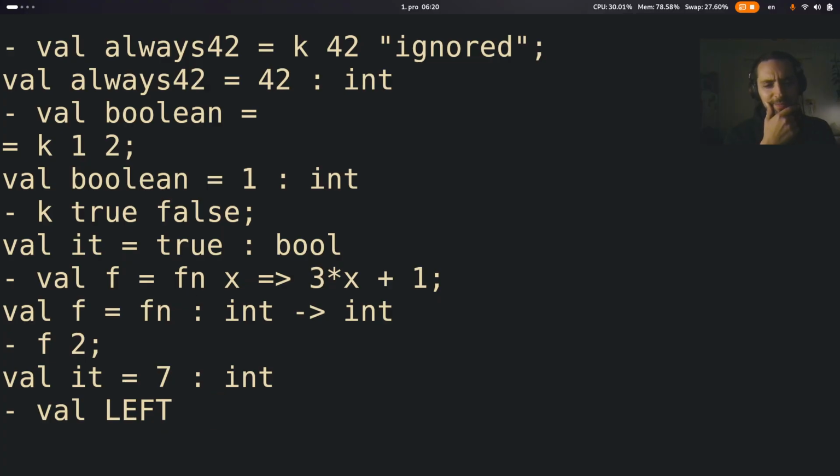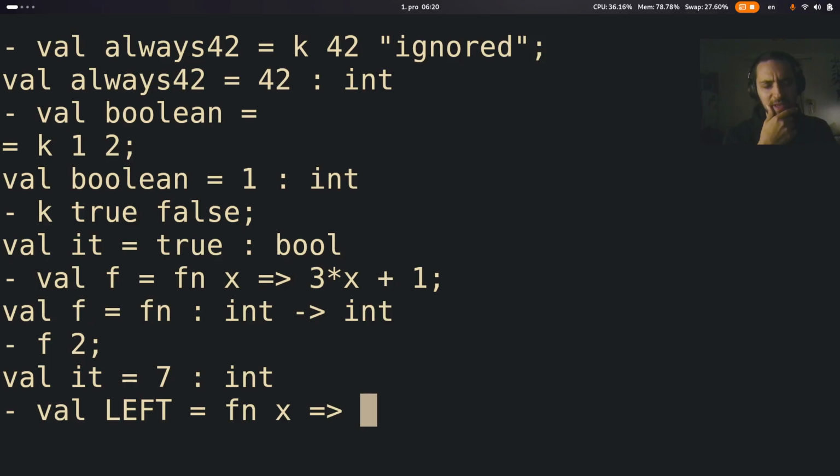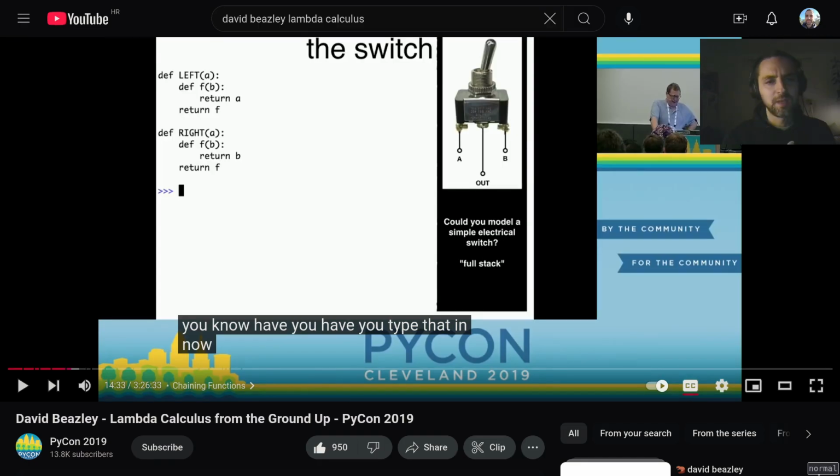Well, I could use lambda functions, so I don't even need to do, well, left equals fn of x is f of b, return a. Well, maybe fn x, it should return y, but this wouldn't work, right?